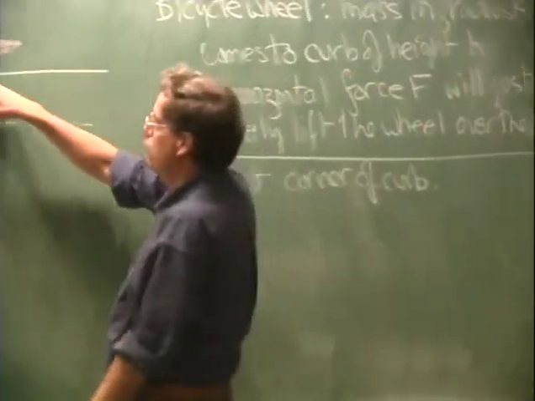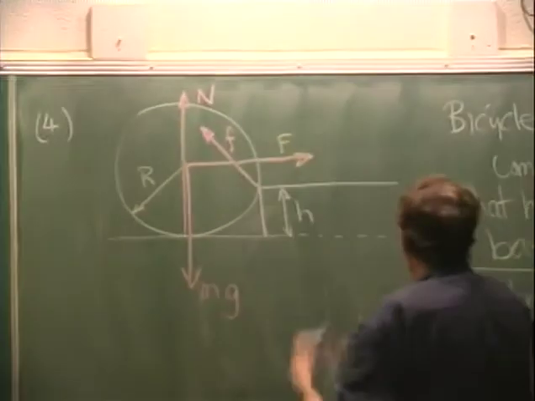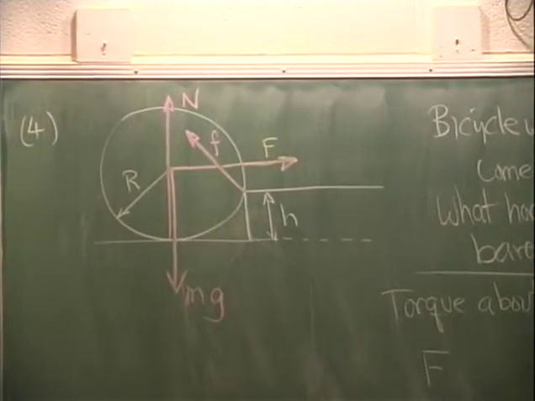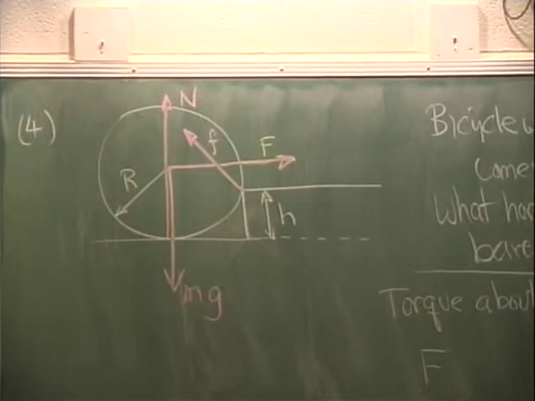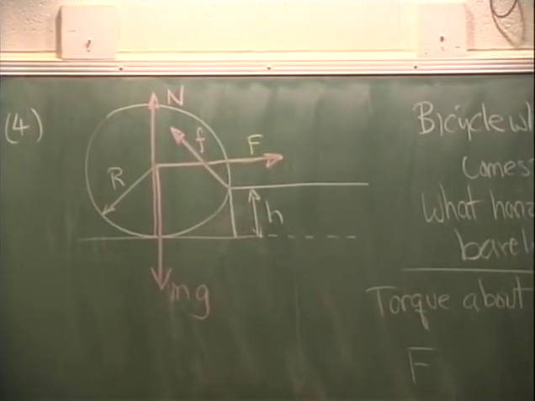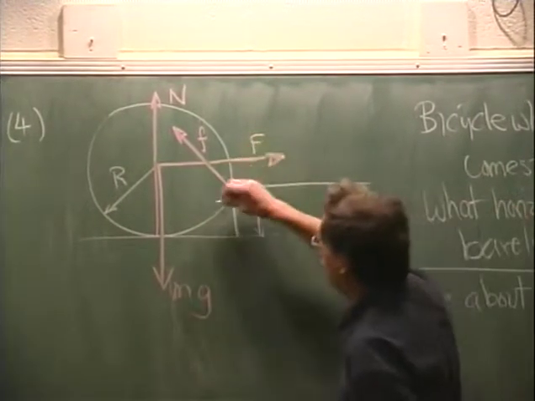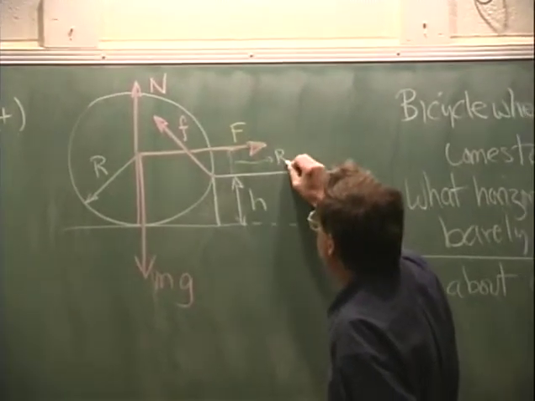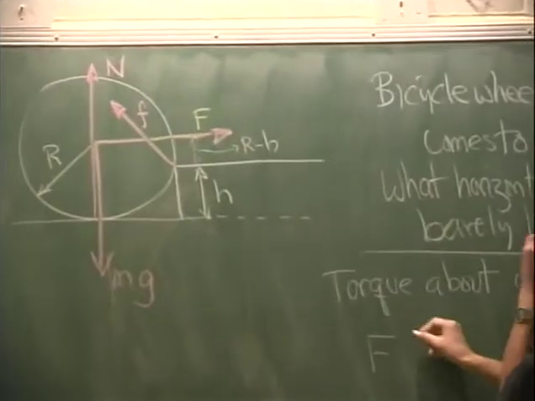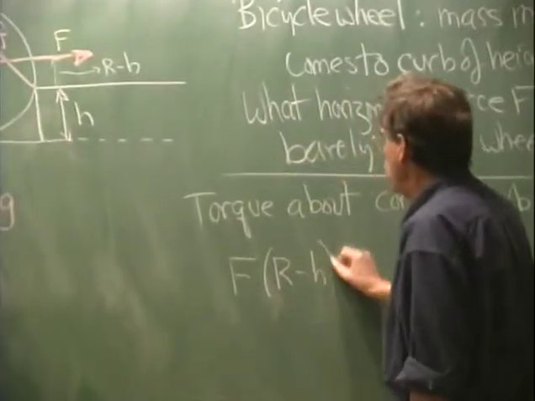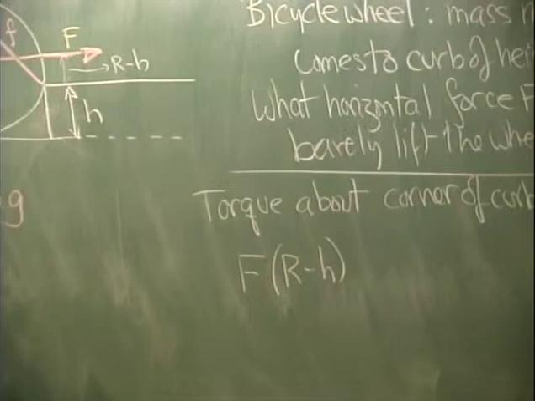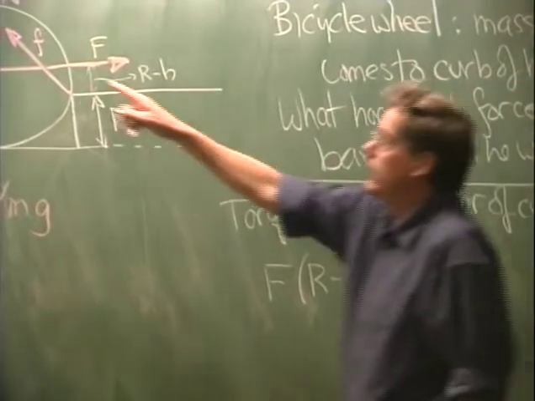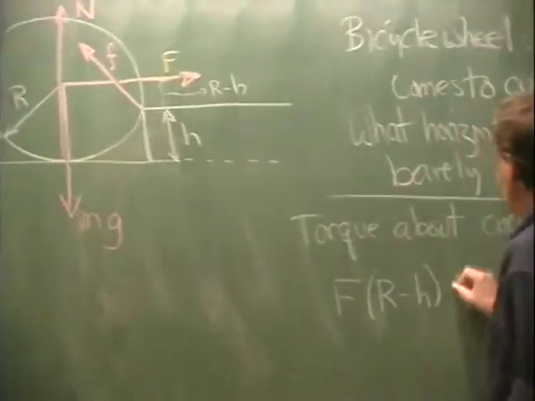So about this point, I see that F is going to tend to rotate it clockwise. What's the lever arm for F? R minus H, right? Because this whole distance here is R, so this distance is actually R minus H. That's the torque exerted by F in the clockwise direction. N likewise acts in the clockwise direction.